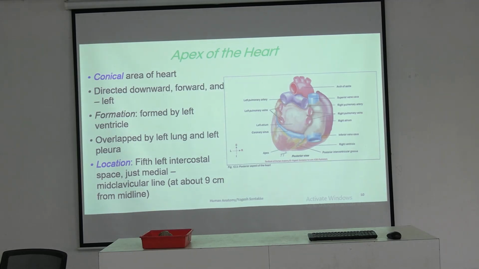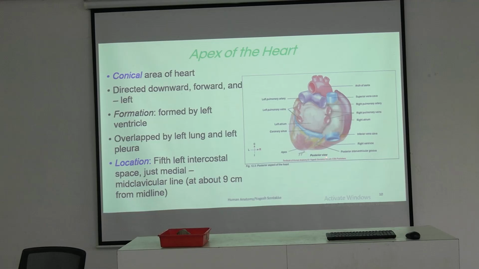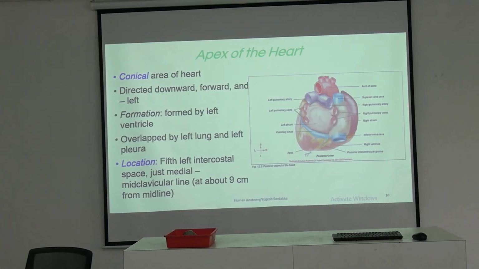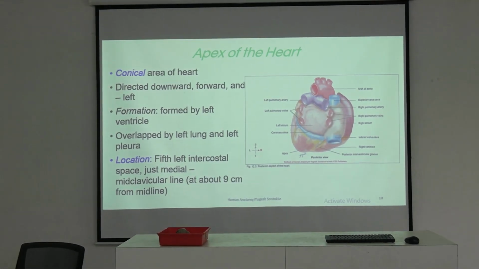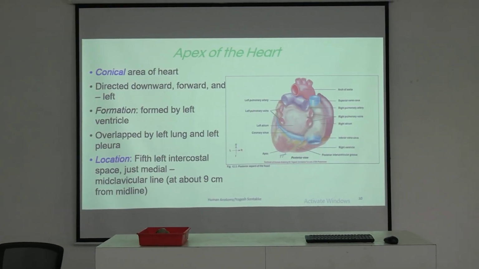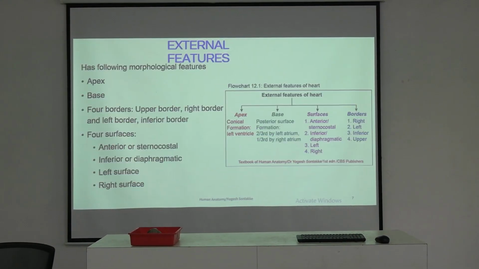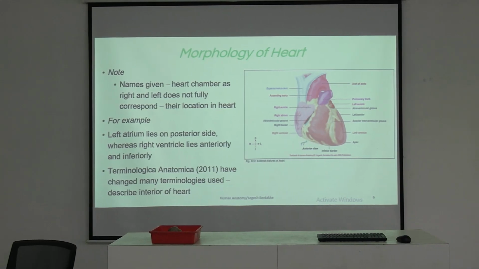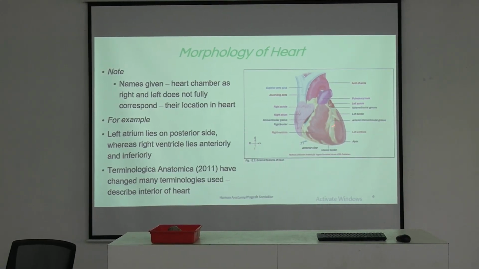Now you can see the apex here. This is the right side and this is the left side. So this is the apex, and if I go to the previous picture, this is the base.